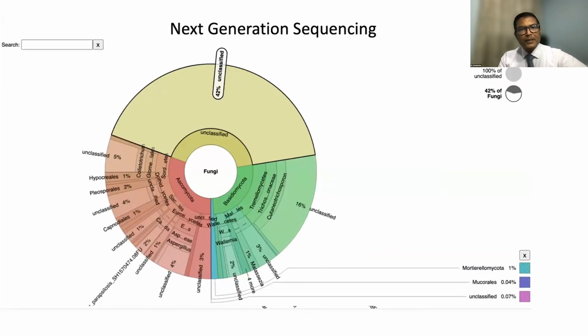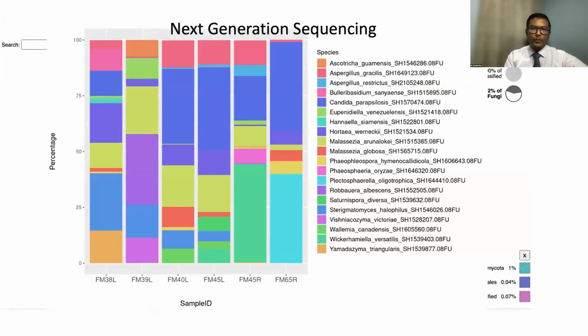These are some representative photographs of next generation sequencing performed from the ocular surface, showing the type of phylum and the classified and unclassified fungi that may be there on the ocular surface. They can also be represented as heat maps, which tell us what the predominant genus or species are in each sample that we analyze.